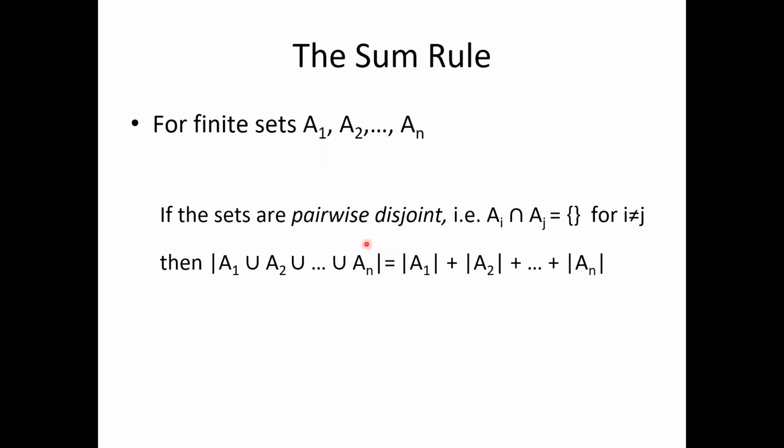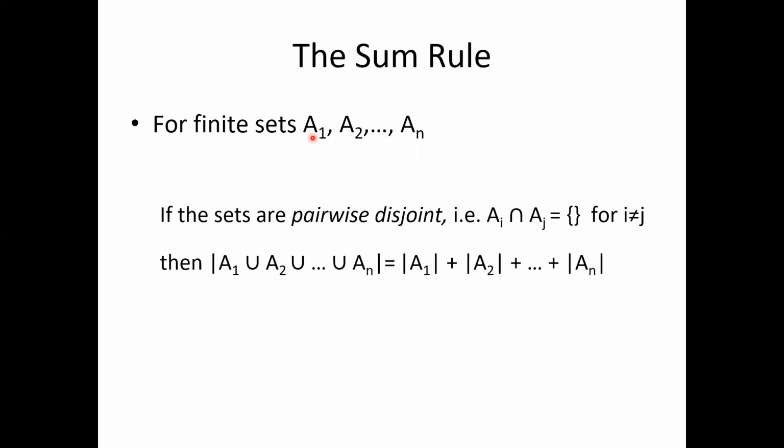Okay, let's contrast it with the sum rule. Let's say that what you're counting can be described not as a sequence of independent choices in n sets, but rather as a single choice.